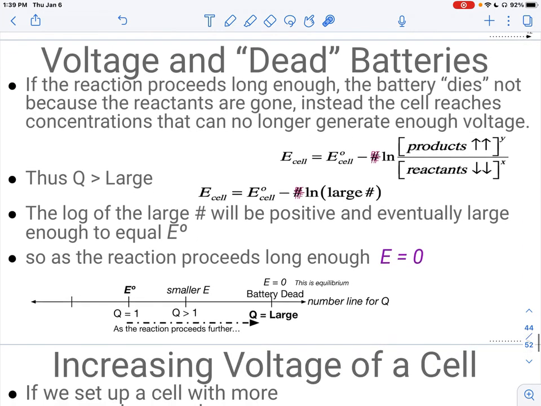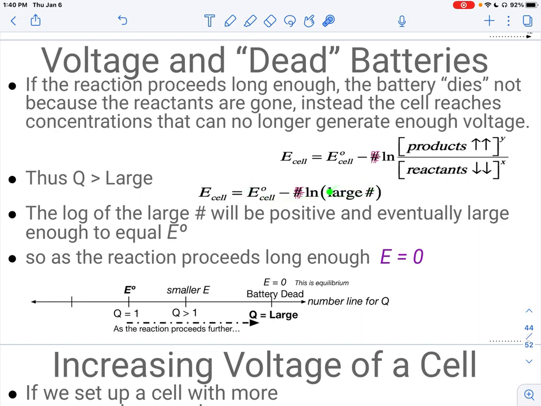If the reaction proceeds long enough, the battery, quote unquote, dies, not because the reaction is totally gone, not because there's no molarity or however you want to phrase it, but because they eventually reach concentrations that no longer generate enough voltage. When Q becomes really big, a large number, the log of a large number will be positive and eventually big enough to equal E naught.